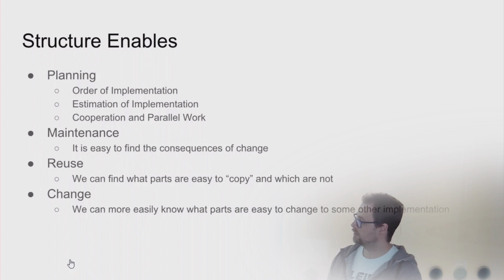But if we know what parts of the code base are largely independent of other parts, we can easily take those parts and put them in a library or in some other reusable thing, because they are not dependent on the rest of the system. If we have some part we want to reuse, we know the dependencies that it has. We can also know how much effort it would be to reuse this part, because we need to cut all those dependencies away.